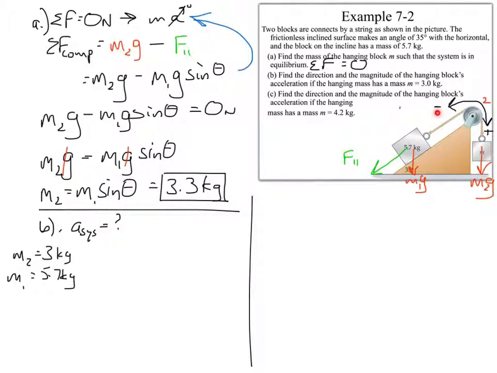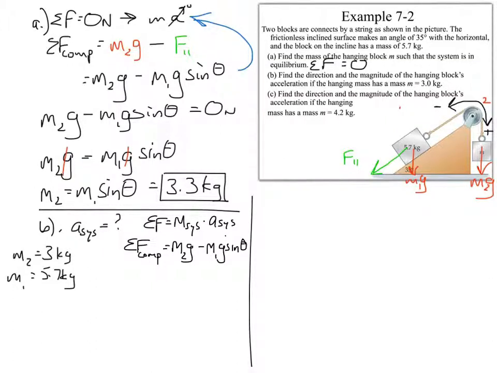So what's one thing we can say about the system? Well, the net force on the system equals the mass of the system, so that's both masses added together, times the acceleration of the system, which is what we're solving for. It's also true that the net force as components is going to be equal to mass 2 times gravity minus mass 1 gravity sine theta.